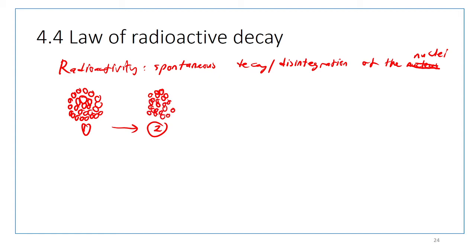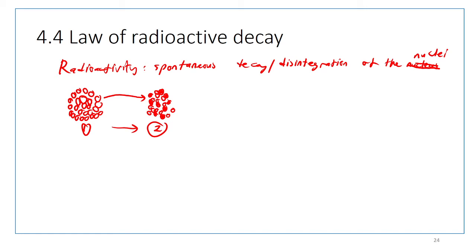If it decays, I change its color. So the nuclide that has decayed is colored here.